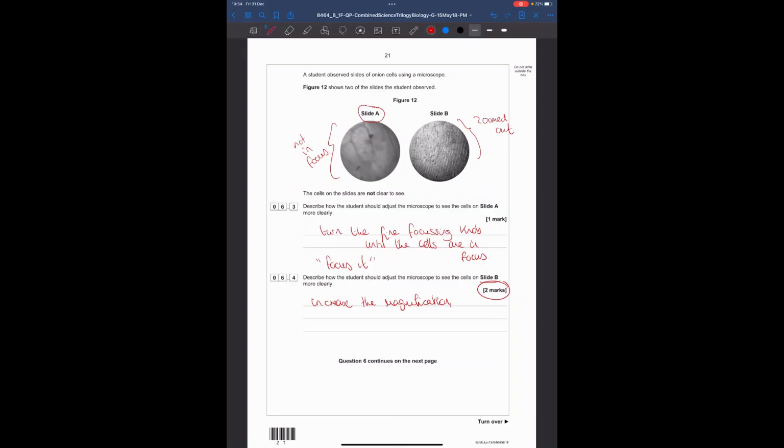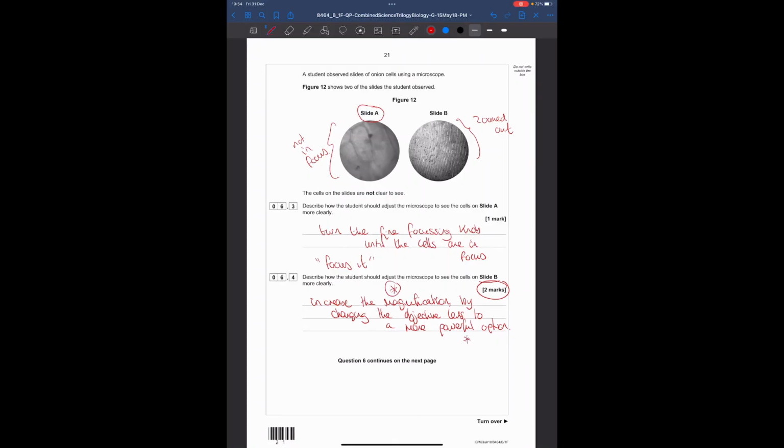So you could say increase the magnification by changing the objective lens to a more powerful option. So that would get you 2 marks there. 1 mark for saying that you need to increase the magnification, 1 mark for saying how you do it.